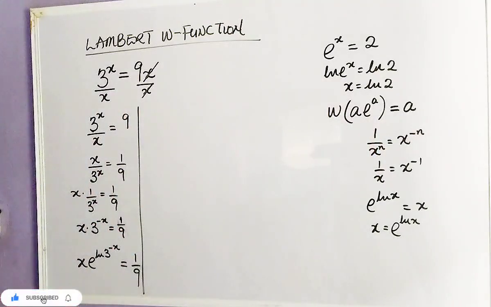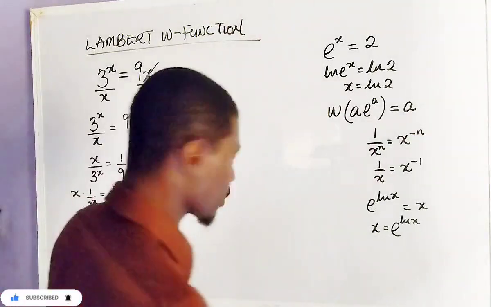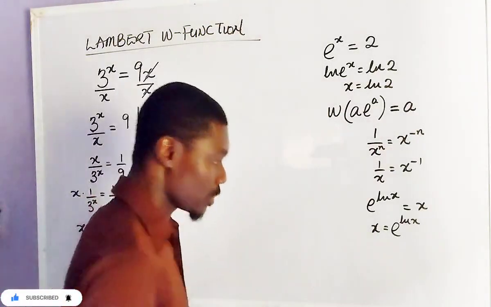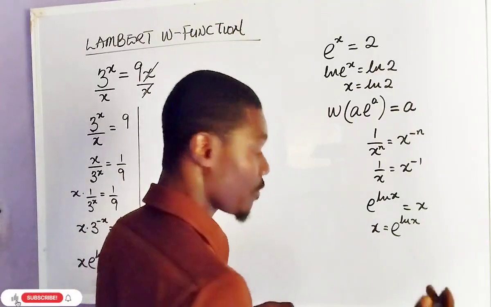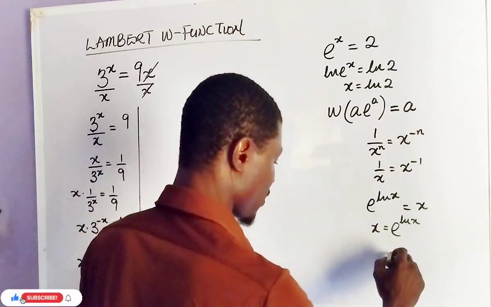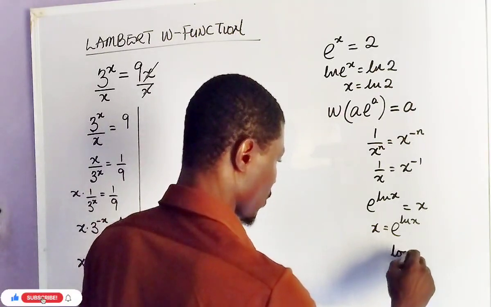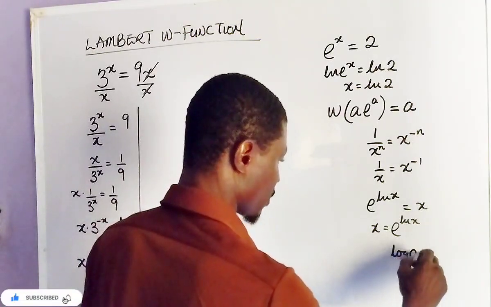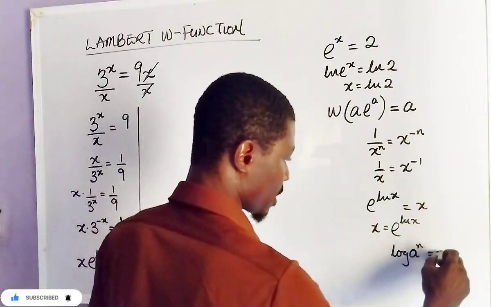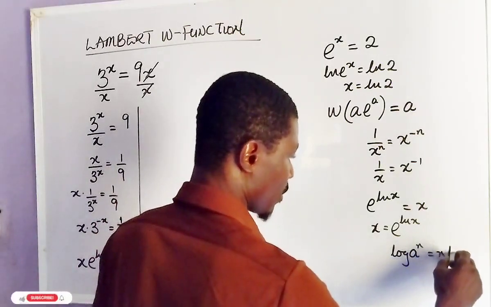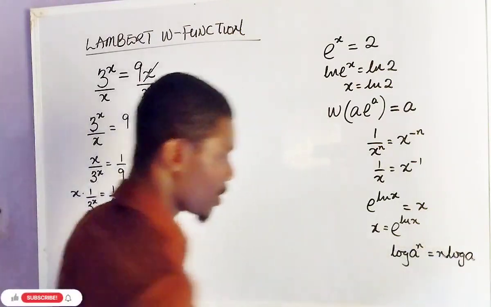Alright, but let us come back to logarithm also, the power formula, right? If we have log a raised to the power of n, this will give us n log a.